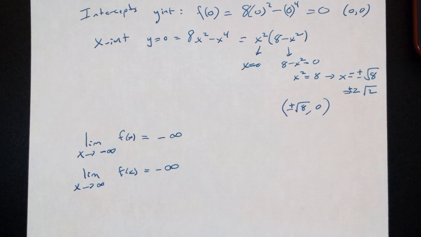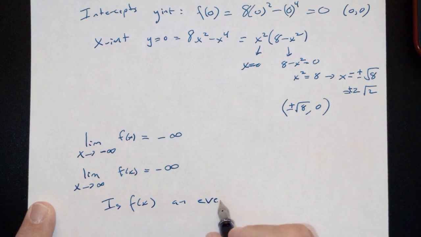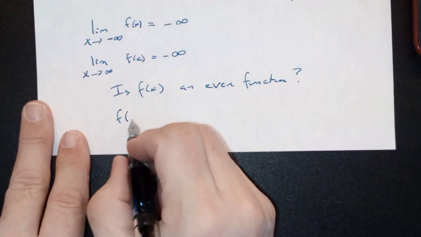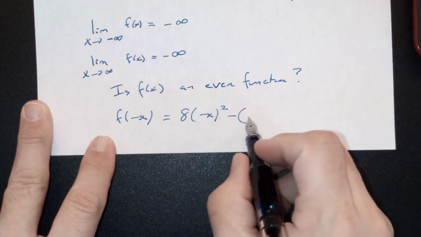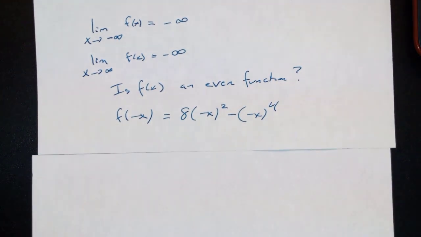Should I check, maybe this function is even? You check to see if a function is even by putting in negative x and simplifying as much as you can.